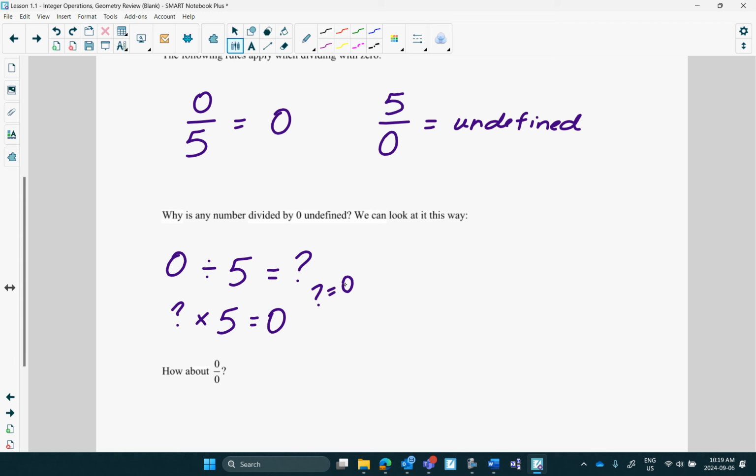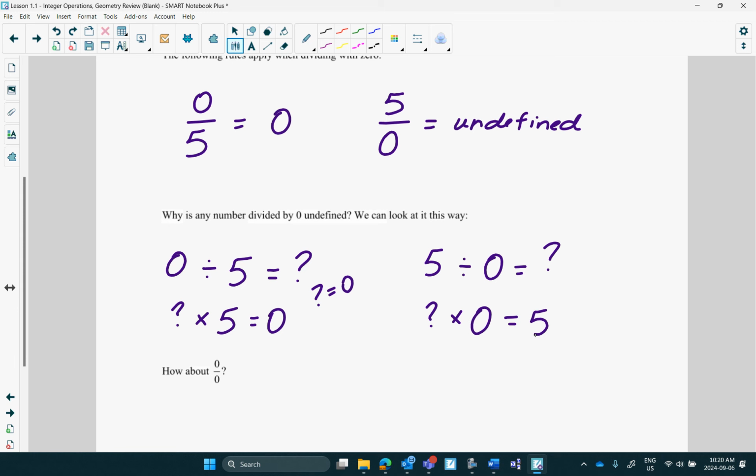But it doesn't work the same way when we do 5 divided by 0. Because if we work backwards, that must mean that the number I'm looking for times 0 must be 5. But what number can you multiply by 0 and get an answer of 5?